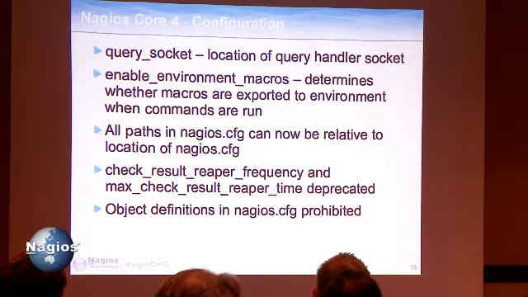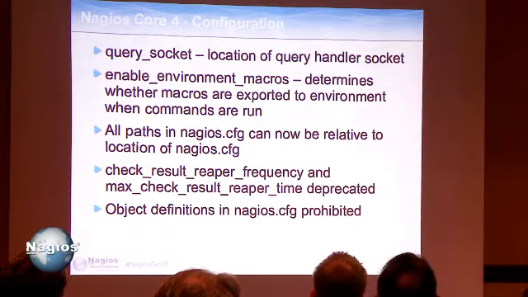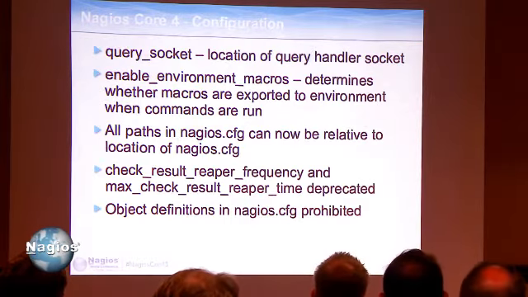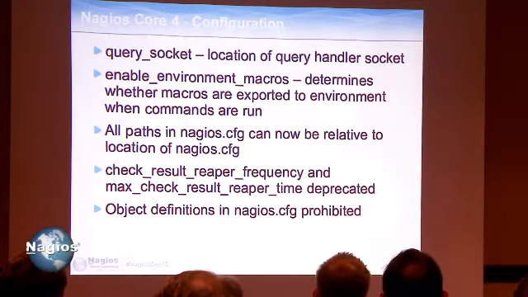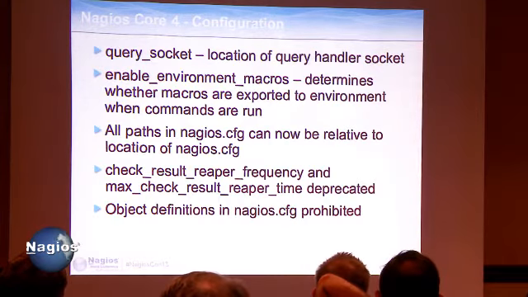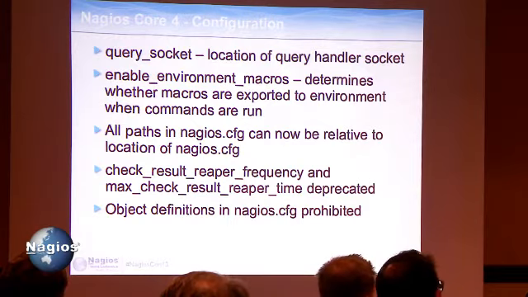Enable environment macros is another new option, which determines whether or not the macros are exported to the environment when you run a command. Previously, at least if you're not using large installation tweaks, which is a different case, all of the macros were exported to the environment.